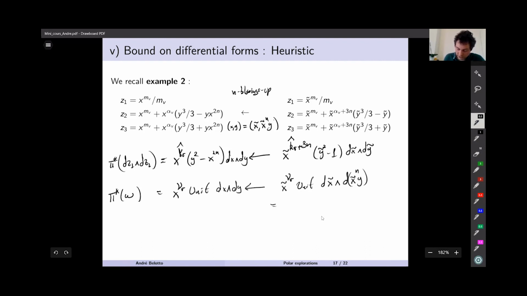So this is actually just equal to x tilde mu_v plus n times a unit dx tilde dy tilde. And now these two guys, we can compare them because we do know that the sheaf of differentials coming from here are contained in the sheaf of differentials of all of the pullbacks of guys like this. So what do we obtain?